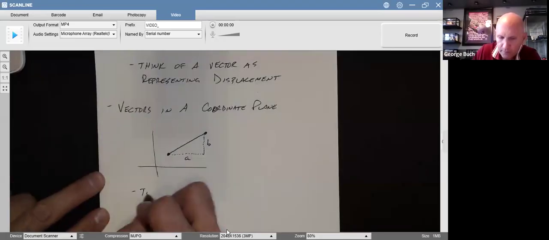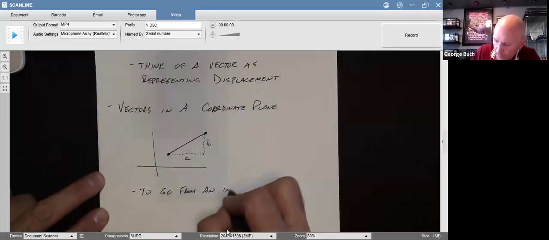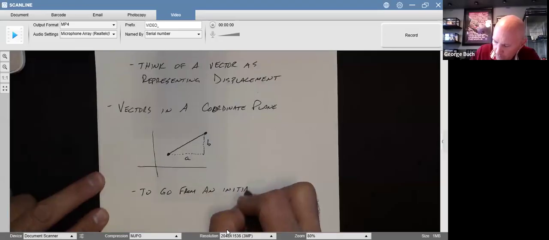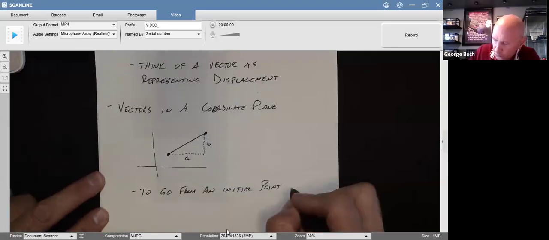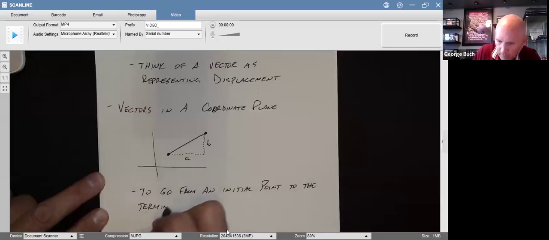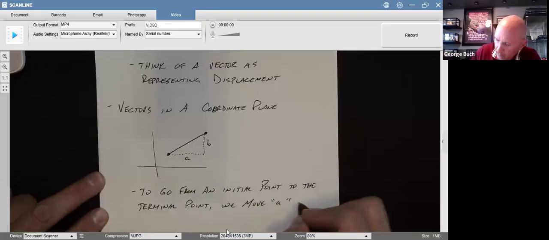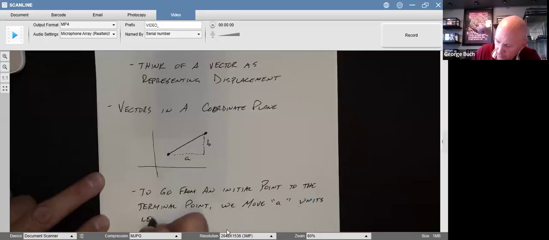So to go from an initial point to the terminal point, we move A units left or right, depending if it's positive or negative, and B units up or down.